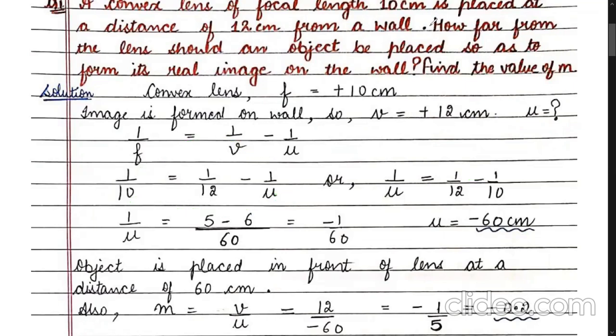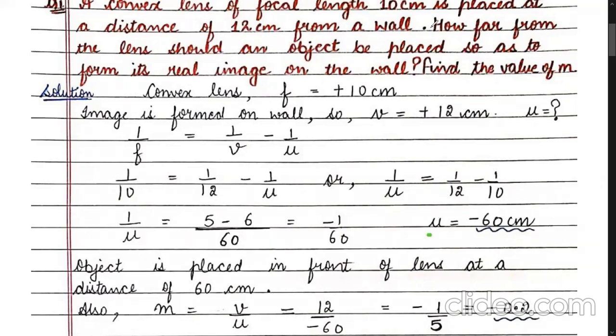Now the LCM of 12 and 10 is 60, and I shall multiply the first term with 5 to get denominator as 60, and the second term should be multiplied by 6 to get denominator as 60. So in the numerator, now I'll have 5 minus 6, which comes out to be minus 1 by 60. Children, this is 1 by u is minus 1 by 60.